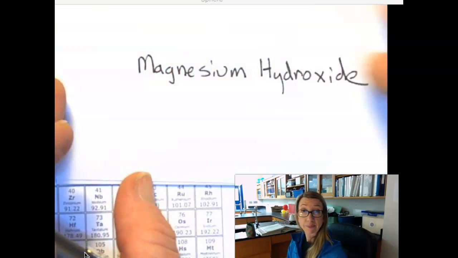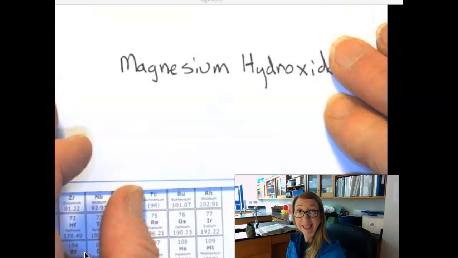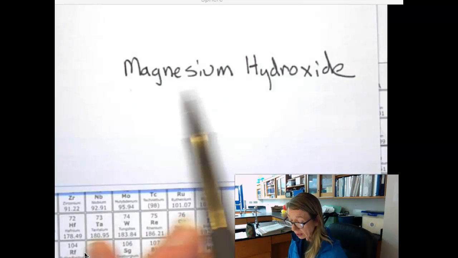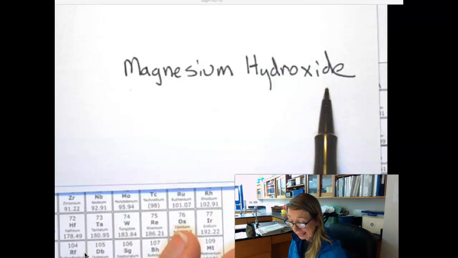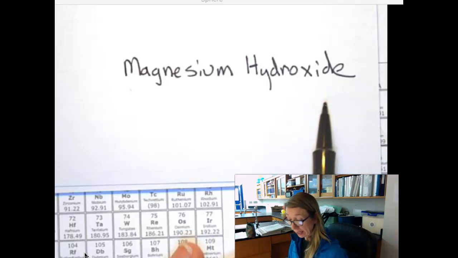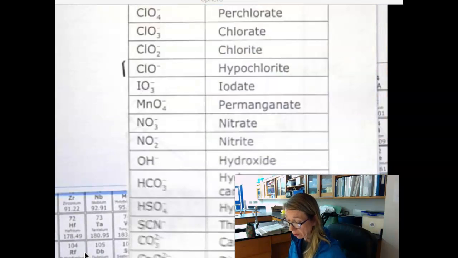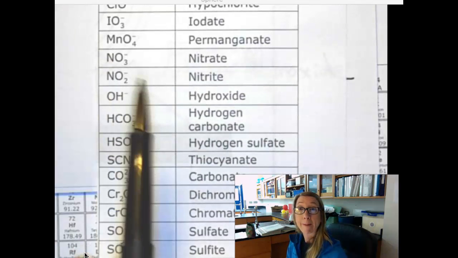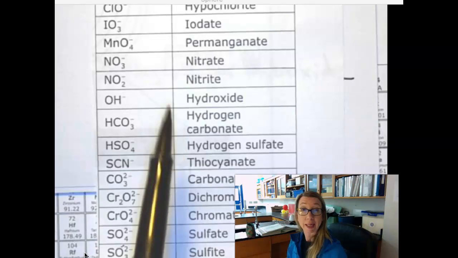Now let's look at magnesium hydroxide. First step, I'm looking here. Now this ends in IDE, but I can't find the element on the periodic table. If you can't find the element on the periodic table, take a look at your polyatomic ion list on page 7.